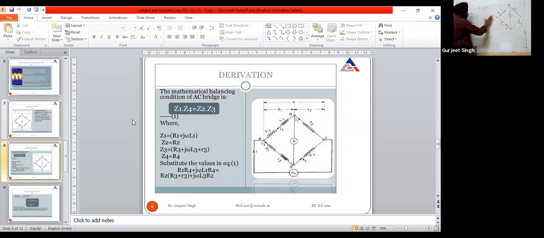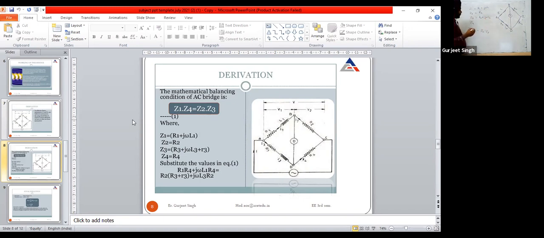Okay, so next we are having Z2. Z2 is the resistance between B and C. This consists of only the resistance R2. Then Z3, that is the A and D arm. Z3 is basically R3 plus J omega L3.